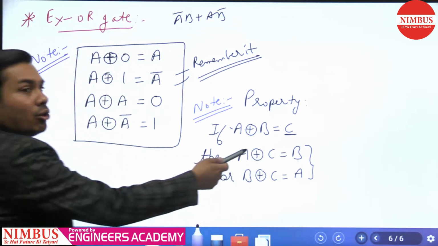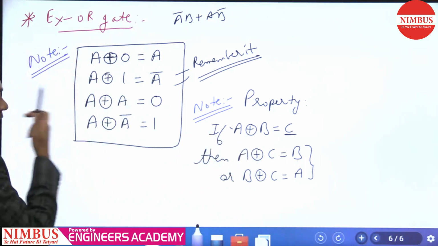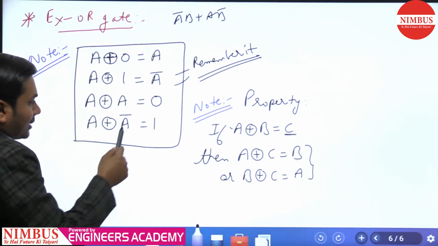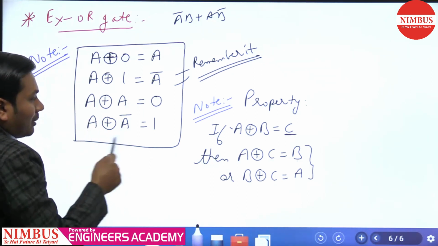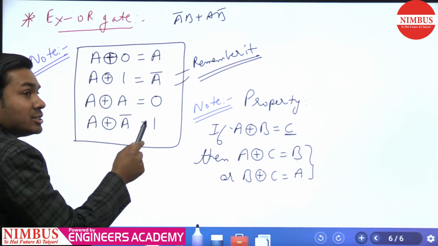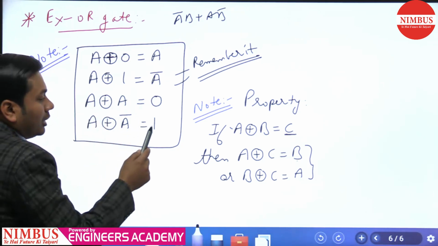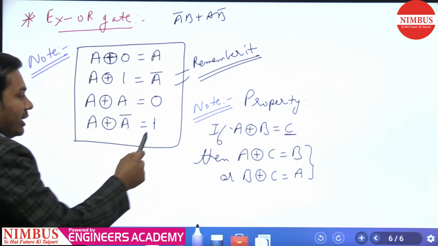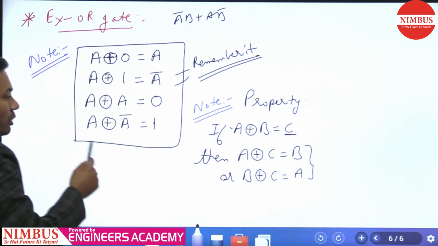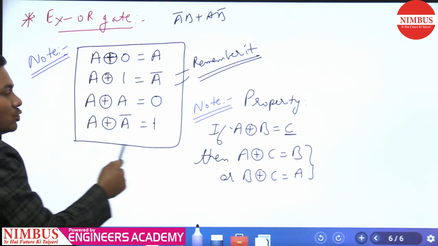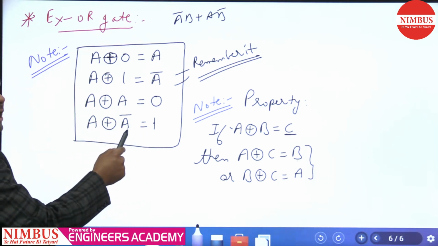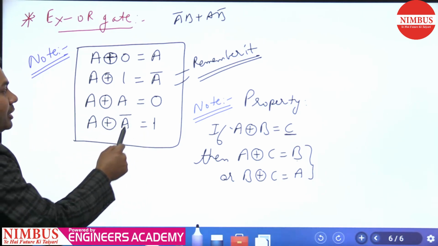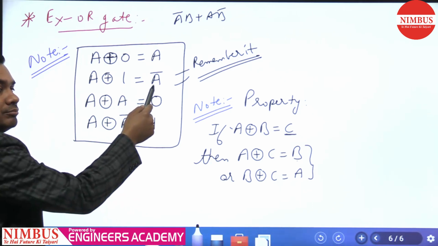Check it out on the board, guys. If we perform A XOR A bar, that is 1. If we make XOR of 1 with A, that means A XOR 1, then the output will be A bar. That is right.